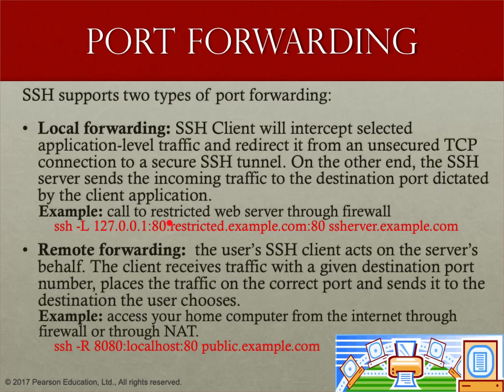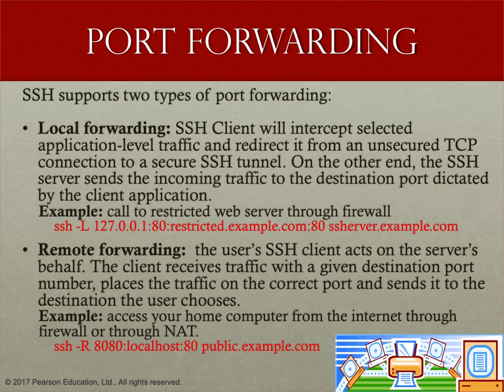And then you say this is the local port. Once you see this local port, this is the SSH port. Once you see this SSH port, map it to the restricted website's port 80, which is the HTTP call. The same thing happens here, except in that case this is port 8080, which is the remote port, and in that case, map it to localhost.